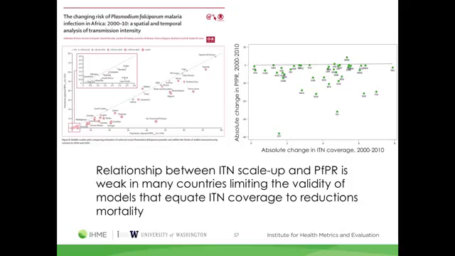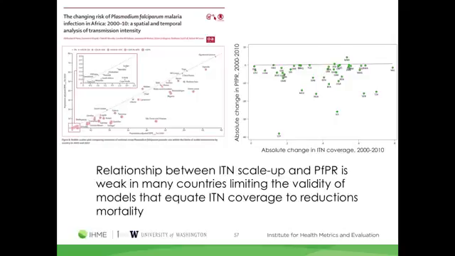There's also the curiosity on PFPR of what's happening. To put it simply, there's the publication of Noor's paper with colleagues and Bob Snow in The Lancet this year, where on the left panel you're seeing PFPR around 2000, and on the y-axis, around 2010, you see a number of countries where PFPR dropped.